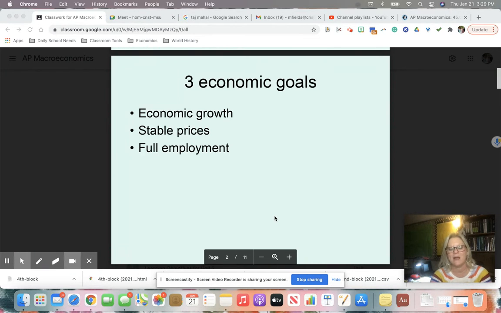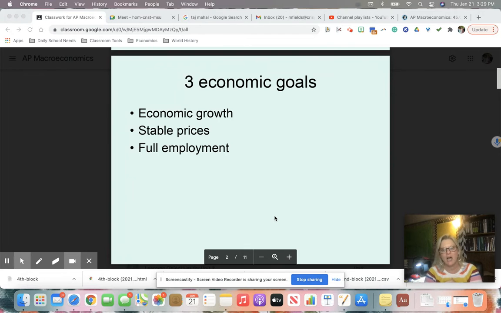We don't want our money to become worthless overnight like has happened in some countries like Venezuela or Zimbabwe. So we want our currency to remain stable and to stay valuable and not lose its value quickly and overnight. Right? And the other thing that we want is full employment. We want the people who want to work to be able to work.